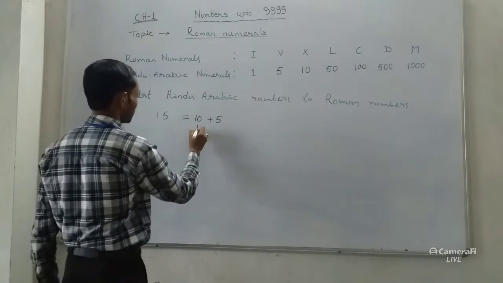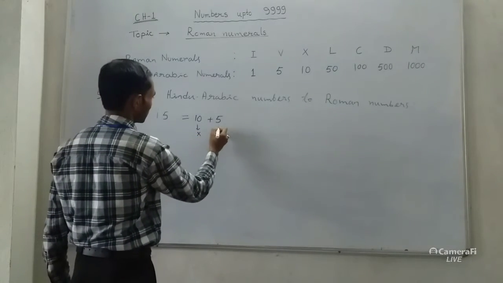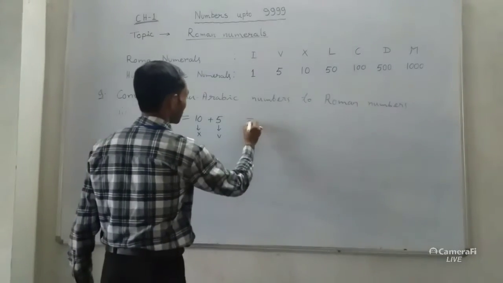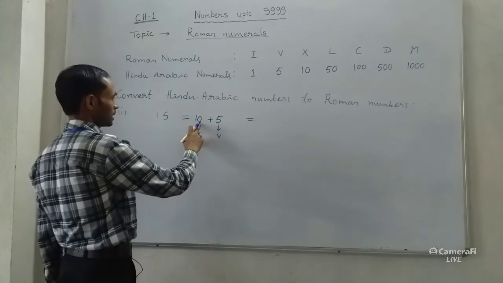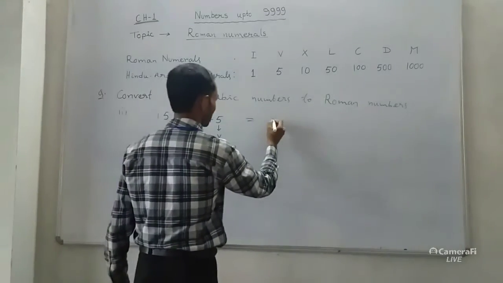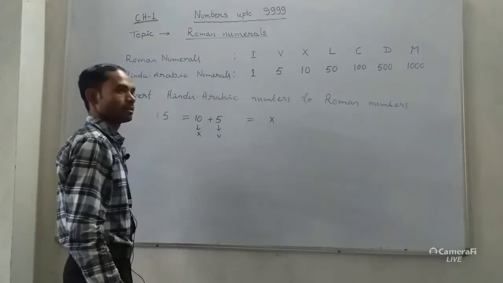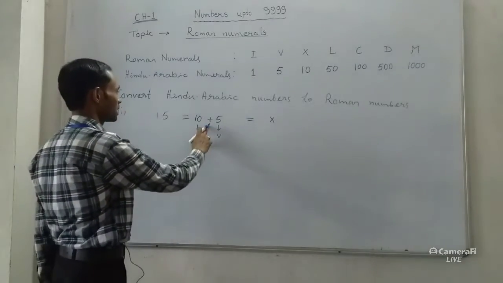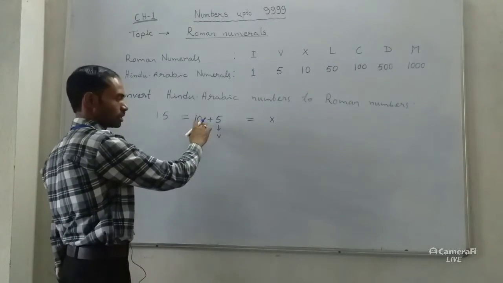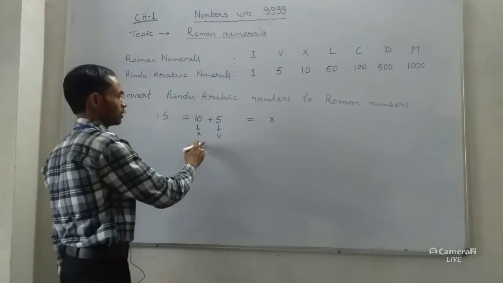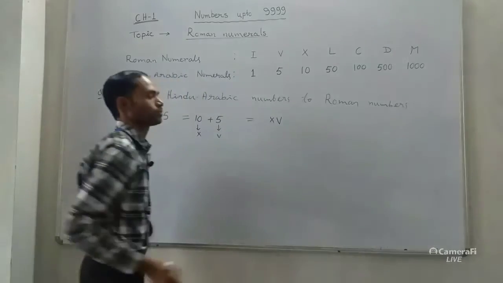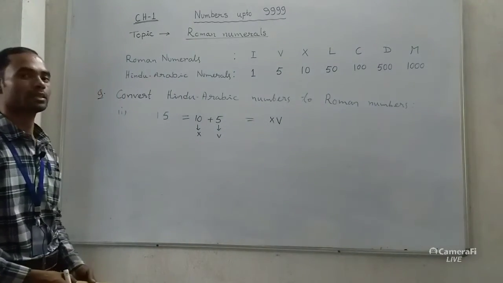Both of them have a particular symbol: X and this is V. Now see the arrangement: after 10 there is 5, plus is there. So first the larger value symbol is written, then plus 5 means add 5. So the lower value symbol is on the right side of the higher value symbol. So V will be there to add. So we get XV.